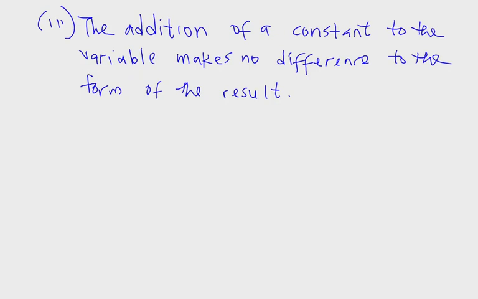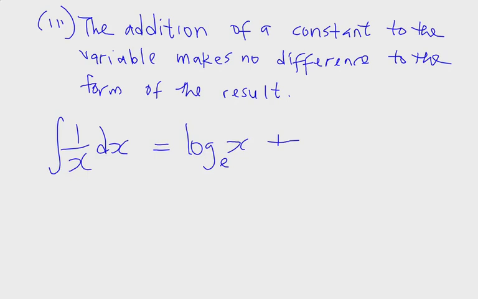Now an example of that, recall that when we have the integral of 1 over x dx, the answer is natural log x plus c. Now, this says that the addition of a constant to the variable makes no difference. Imagine you now have 1 over x plus a dx. There is a constant.